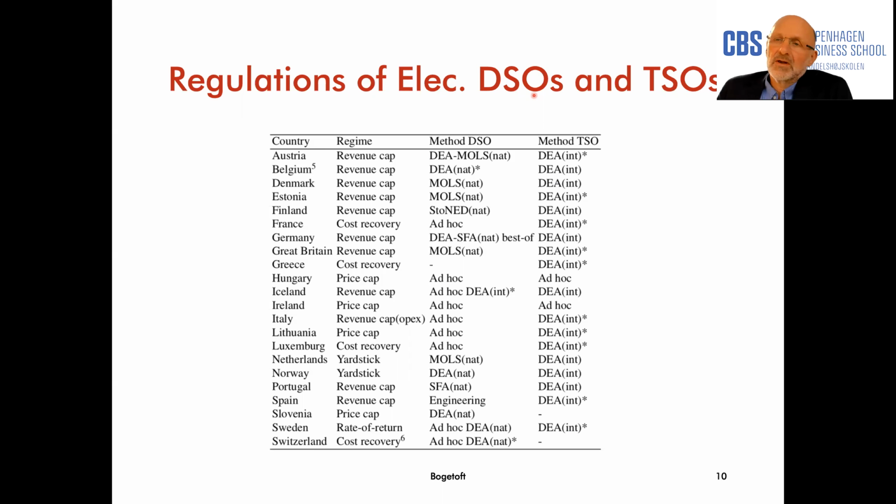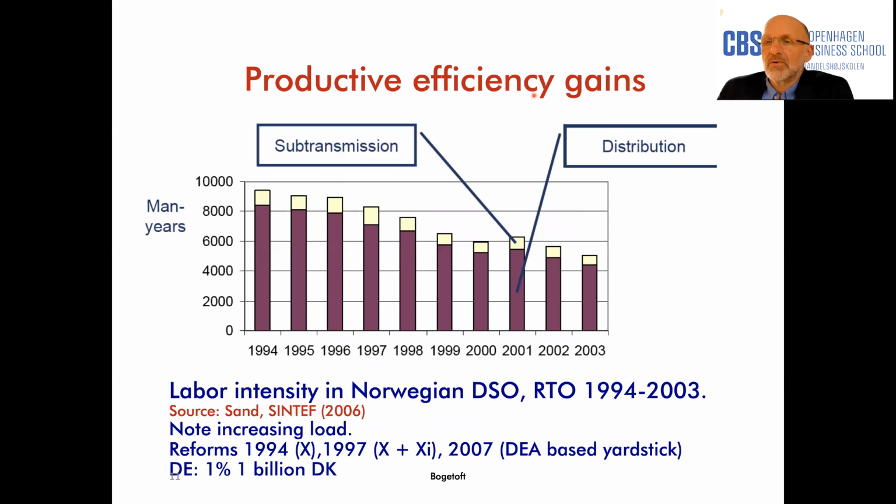You might be wondering whether all of this has any impact, and that's a little bit harder to prove. But as an illustration of some of the impacts these regulations might have had, we can look at the labor intensity in Norwegian distribution and regional transmission companies in the period 1994 to 2003. You need to know that in Norway, a more high-powered regulation was introduced in 94.